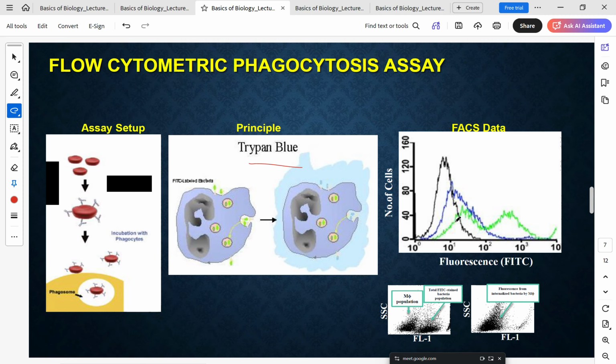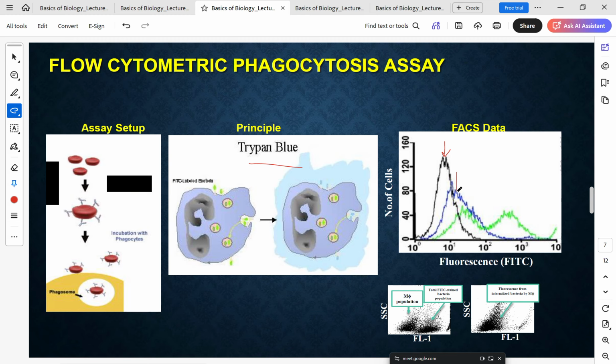You then run this suspension of cells through the FACS analyzer. In any FACS experiment, you need an untreated sample, which will have a very basal level of fluorescence.